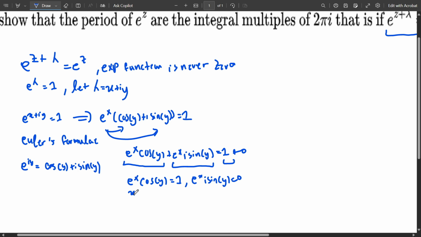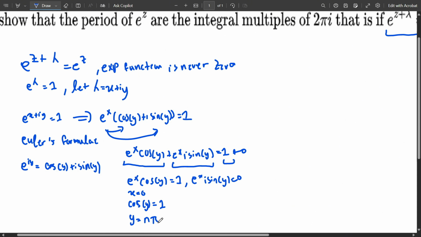Here x must be 0. Then cosine of y equals 1. For cosine of y to equal 1, y must be some integer n times pi.